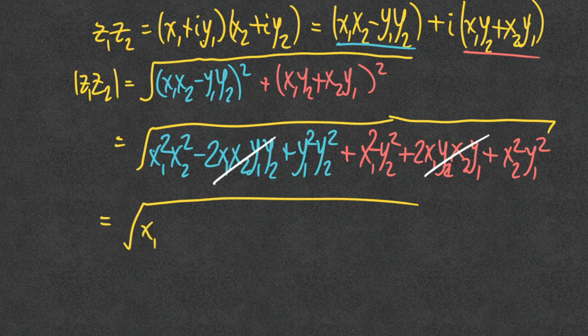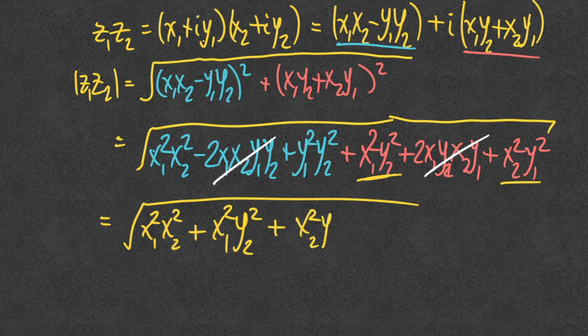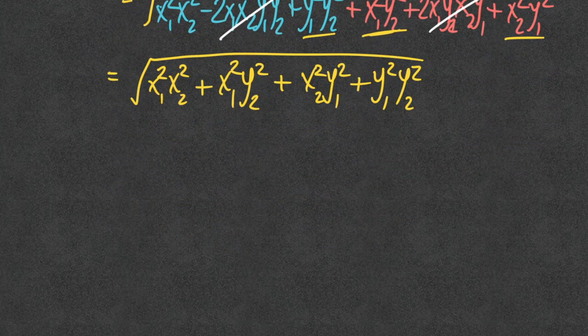So I'm going to write this as x1 squared x2 squared, plus, and then I'm going to take the third term right here, x1 squared y2 squared, then the fourth term, x2 squared y1 squared, and then finally the second term here, y1 squared y2 squared. The reason I want to do that is since I have 4 terms, I might try factoring by grouping. Let's see if that works.